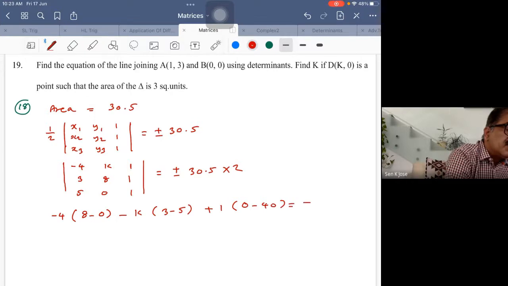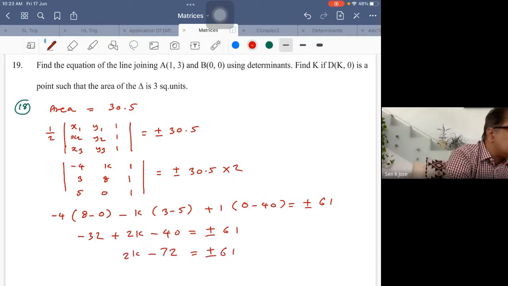Is equal to plus or minus 61. Yes. So negative 32 plus 2k minus 40 is equal to plus or minus 61. So 2k minus 72 is equal to plus or minus 61.